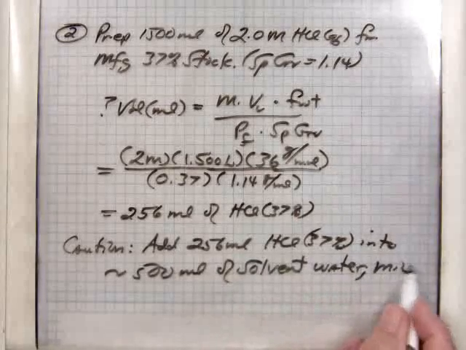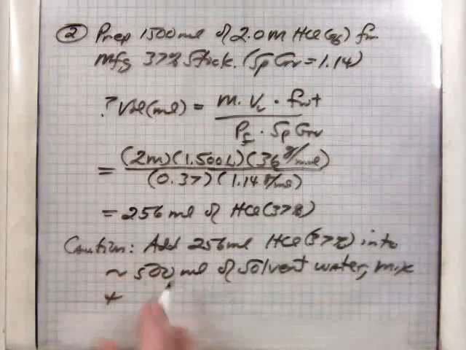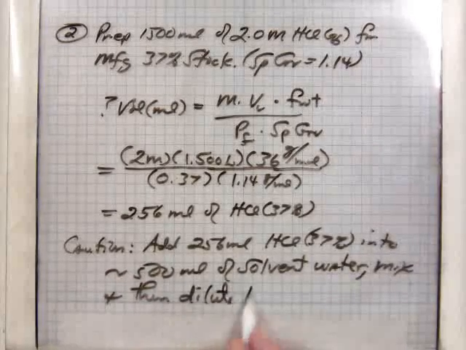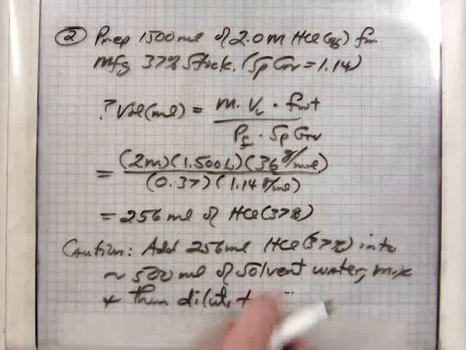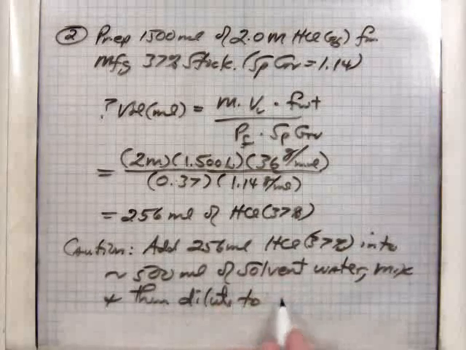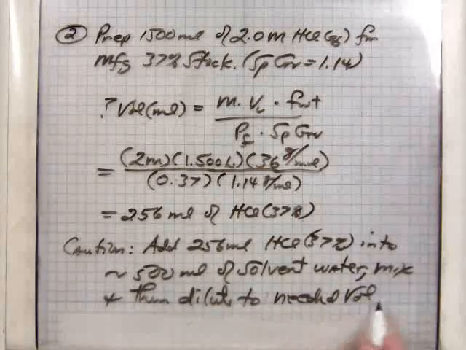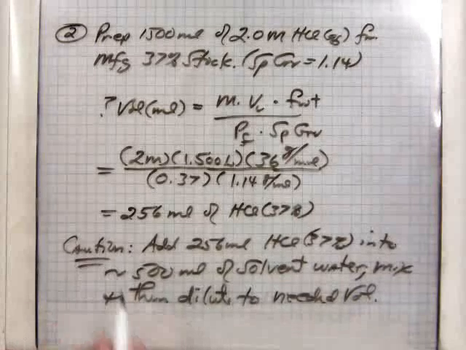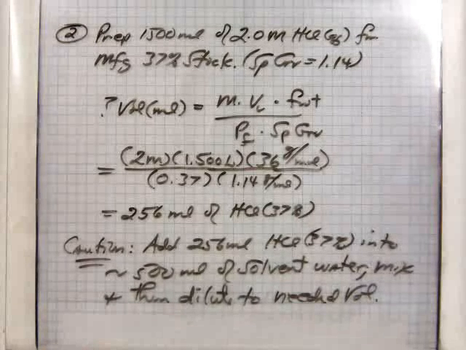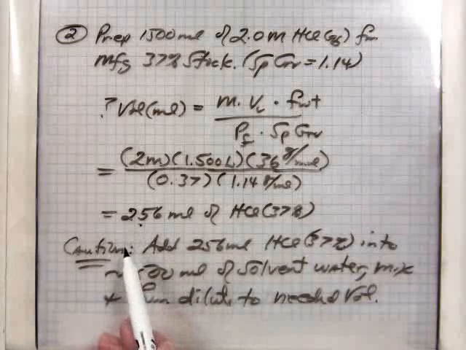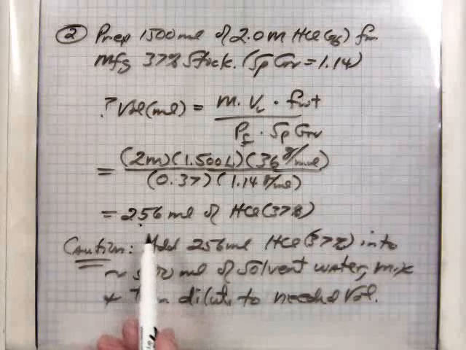Mix and then dilute to total volume, 1,500 mil to needed volume. So just to re-emphasize the safety factor in that, mixing the strong acid, you don't want to try to pour water on 256 milliliters of concentrate. You will have a problem.